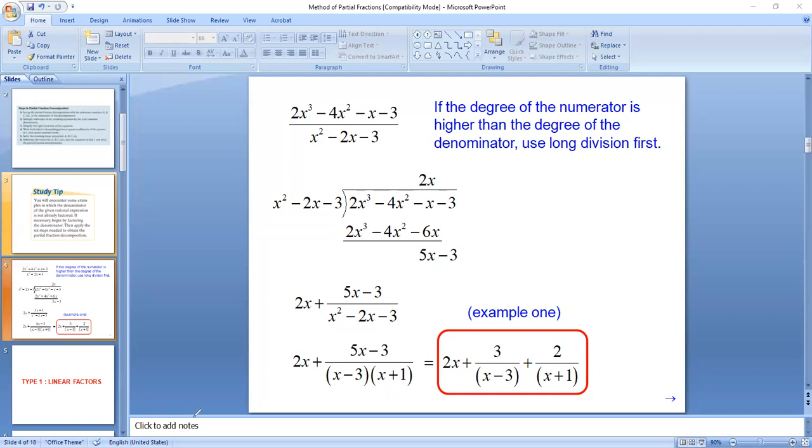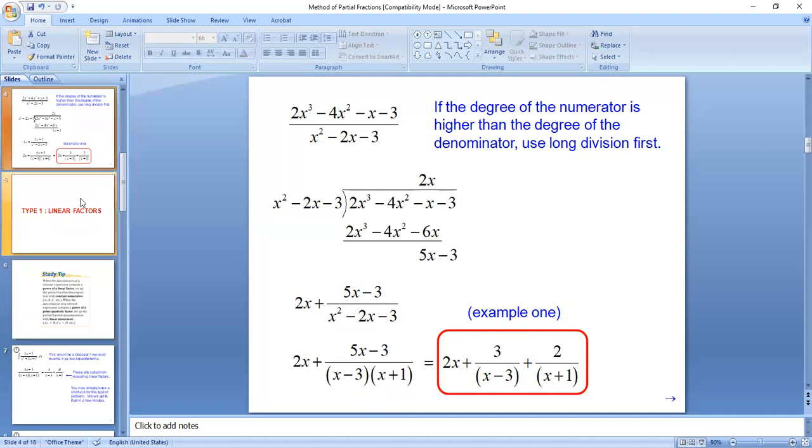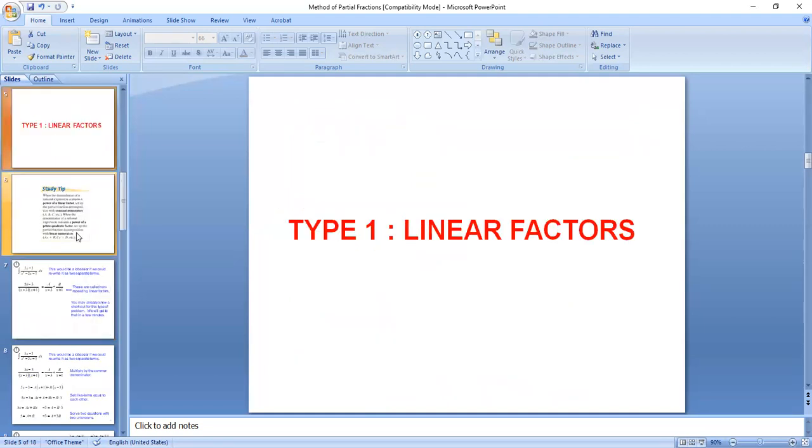So we'll go now to type 1 under the method of partial fractions. This is the case wherein your original fraction is represented as partial fractions in which the denominators are all linear.